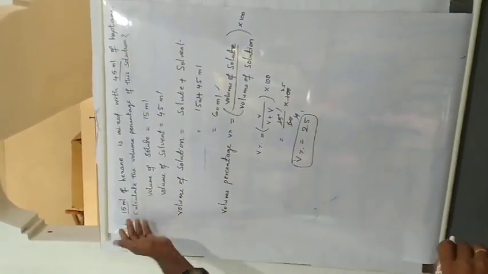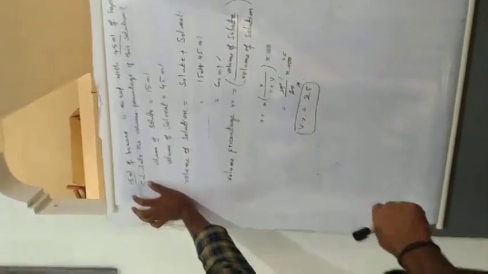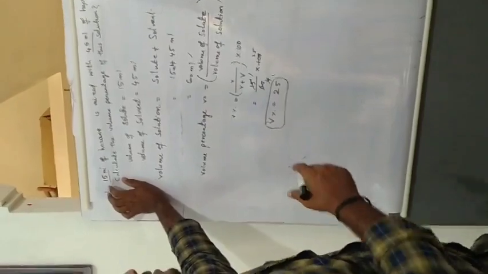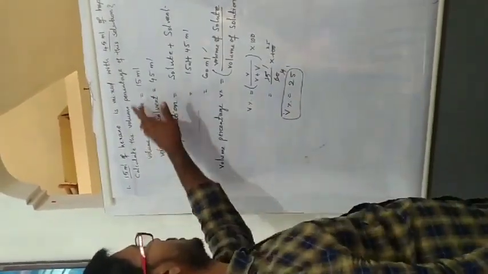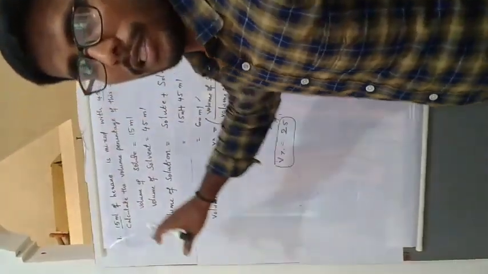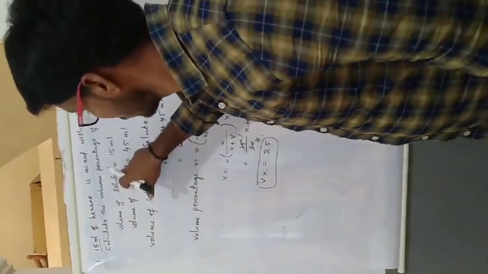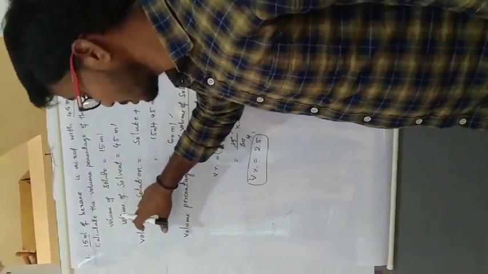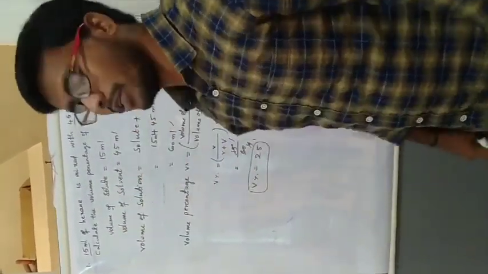Once again we discuss this. Given 15 ml of hexane mixed with 45 ml of heptane, calculate the volume percentage of this solution. Volume of solute is 15 ml and volume of solvent is 45 ml.